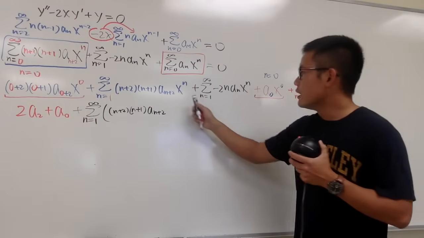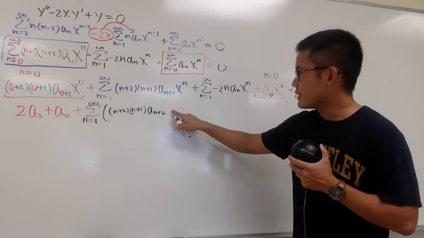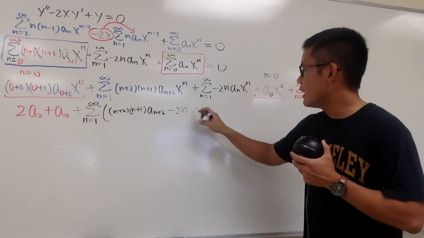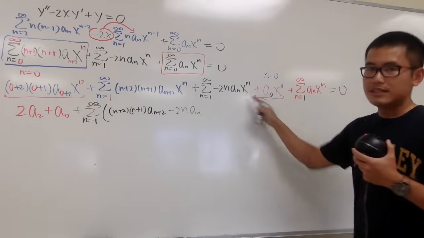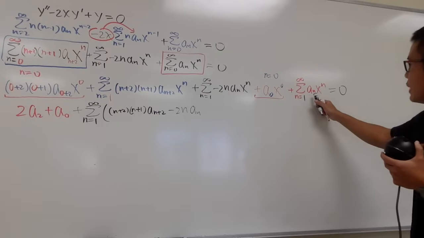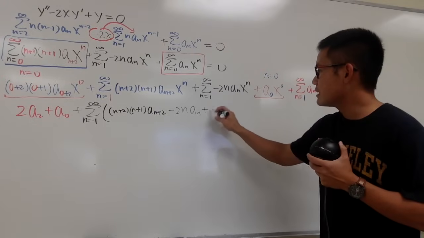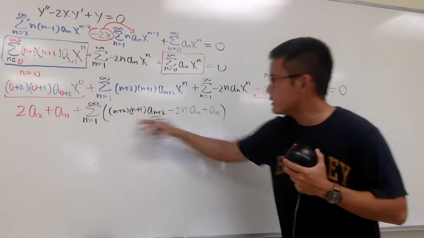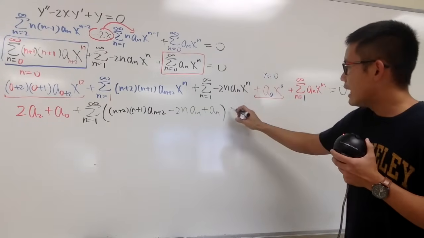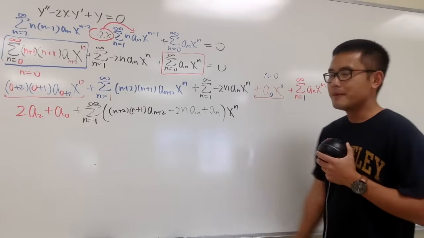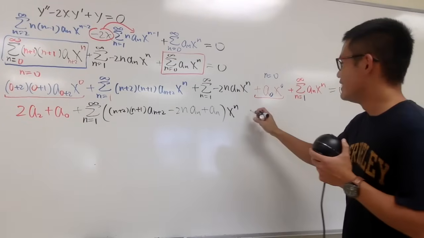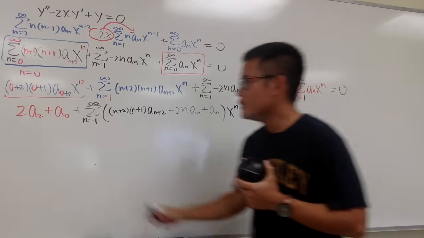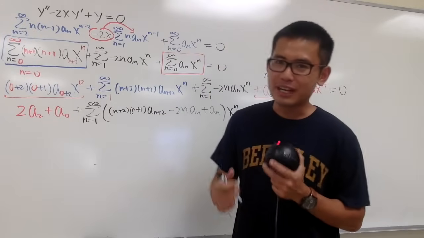This is minus 2n a n. And lastly, we have plus a n. I will close the parentheses from here to here, and I will have the x to the n at the end. All this is still equal to 0. And now what? Well, these two terms add up to the constant term.